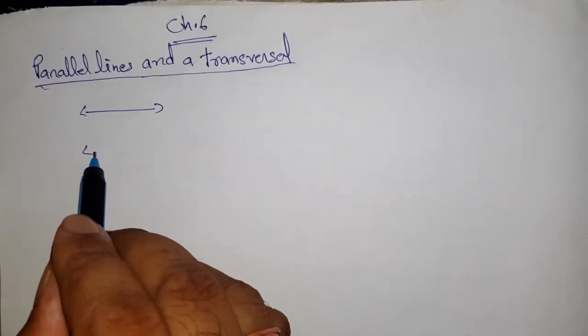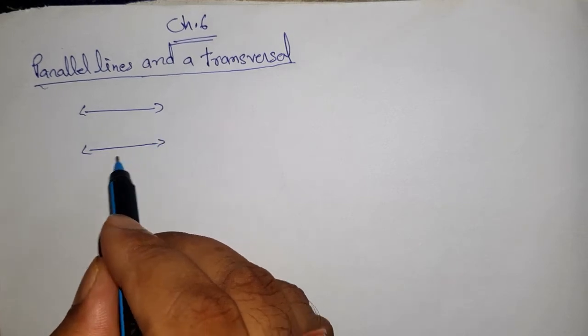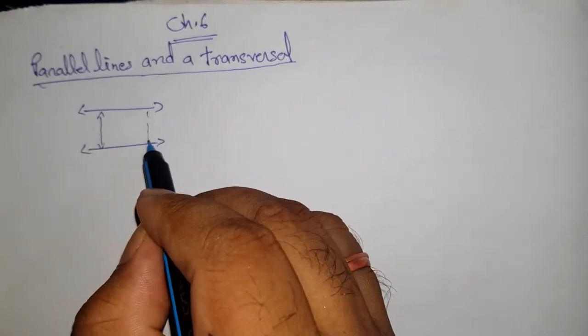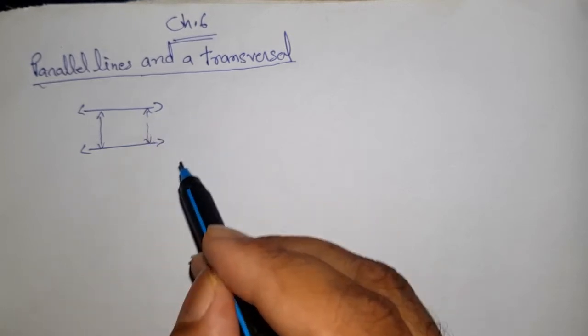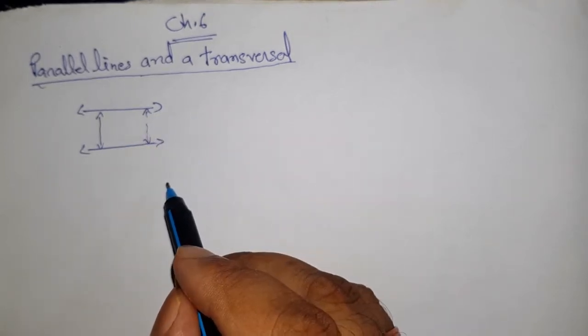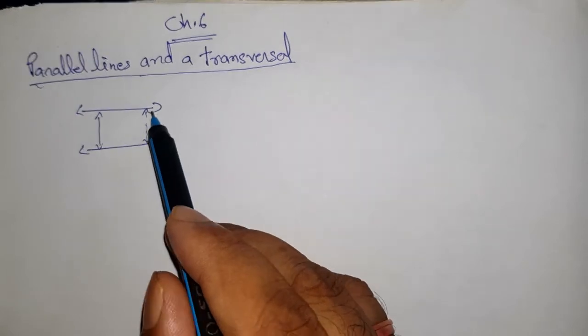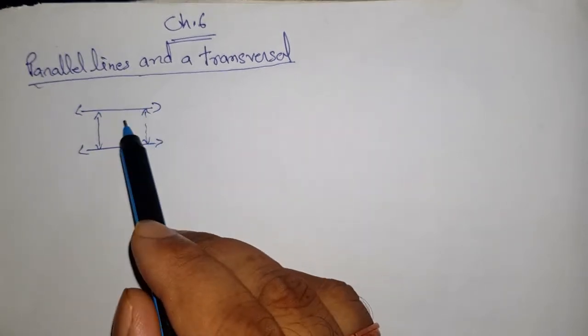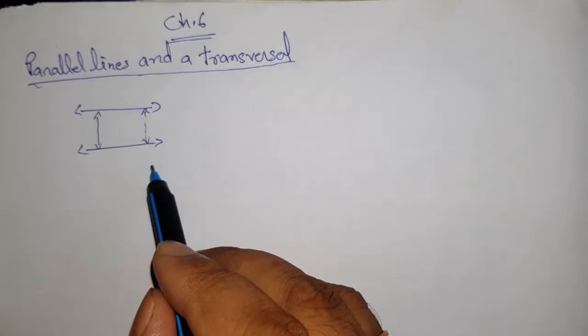If there are two lines and they are equidistant from each other, you understood? We call it a parallel line. These two lines will never meet each other. So that is what you call a parallel line.